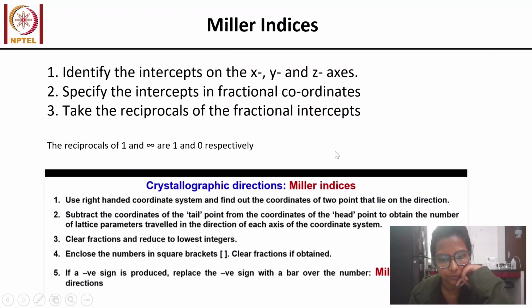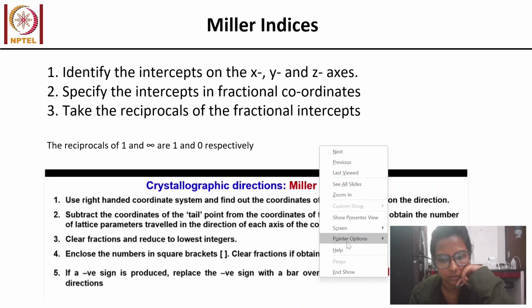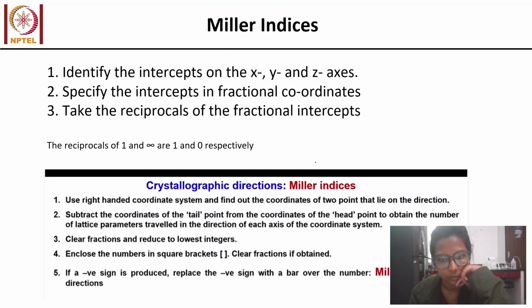Okay, so if we want to find out the Miller indices of a direction like this, we have to find out the coordinates of this point, the coordinates of this point, and then just subtract. So if this is my origin, say 0, 0, 0, and this is a point, say 0, 1, 0.